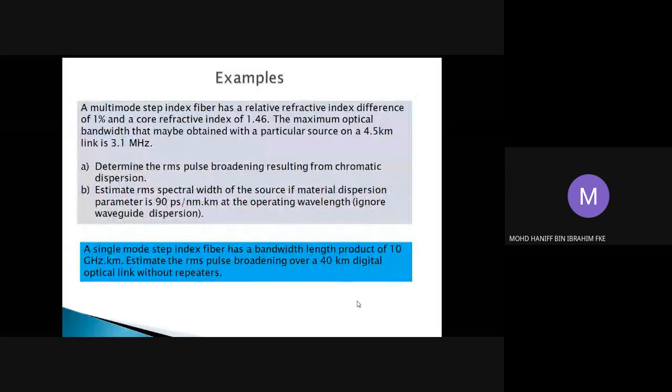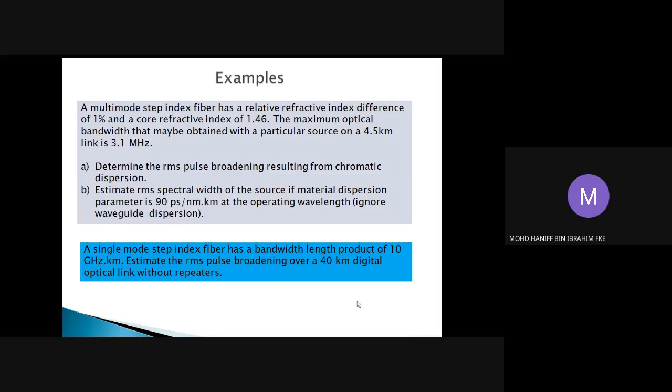Okay, this is the one. We have a multimode step index fiber again, which has a relative refractive index difference of 1% and a core refractive index of 1.46. It was given here that the maximum optical bandwidth that can be obtained with a particular source on a 4.5 kilometer link is 3.1 megahertz.